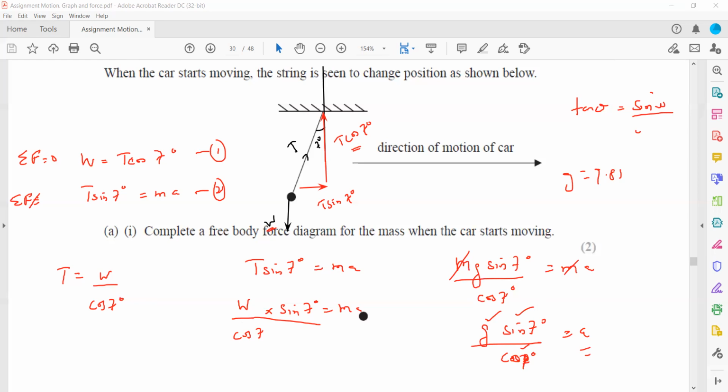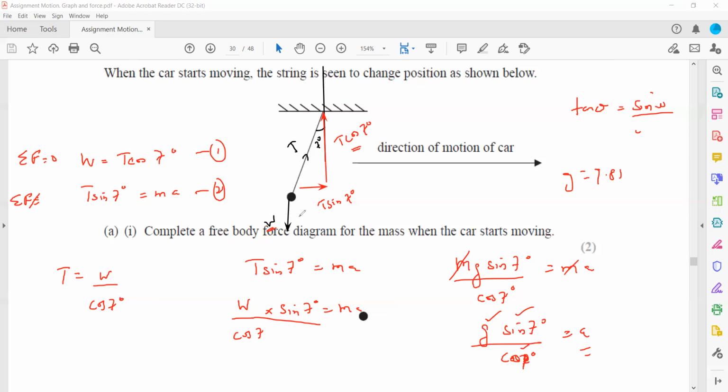Is it clear, this question, to everyone?